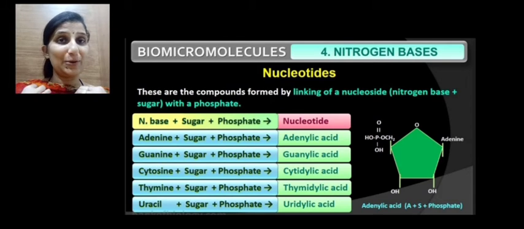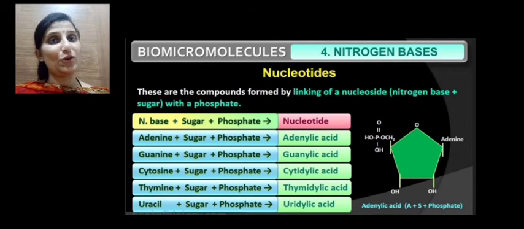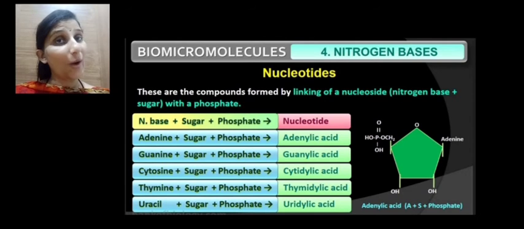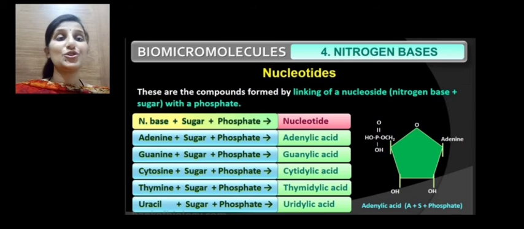So let us learn about the different types of nucleotides. Adenine plus sugar plus phosphate forms adenylic acid. Guanine plus sugar plus phosphate forms guanylic acid. Cytosine plus sugar plus phosphate forms cytidylic acid. Thymine plus sugar plus phosphate forms thymidylic acid.